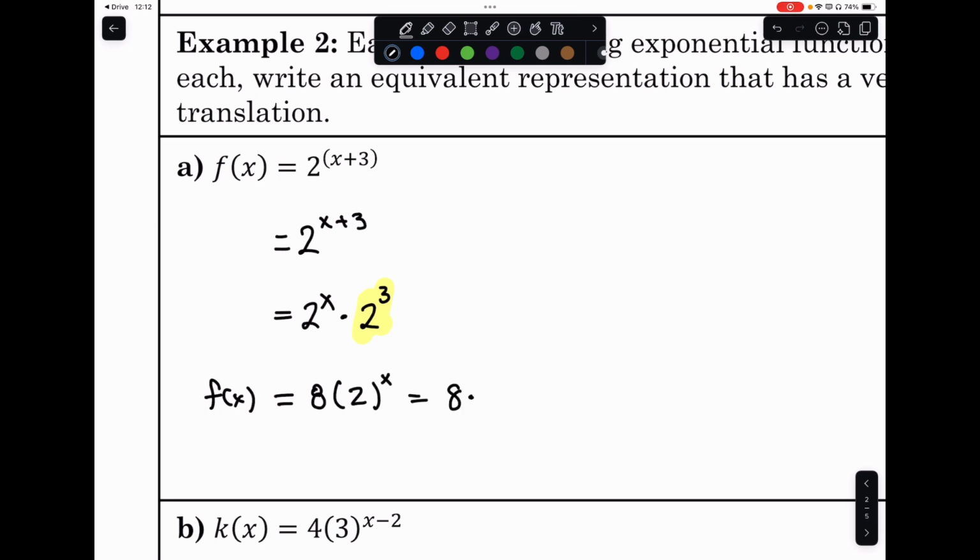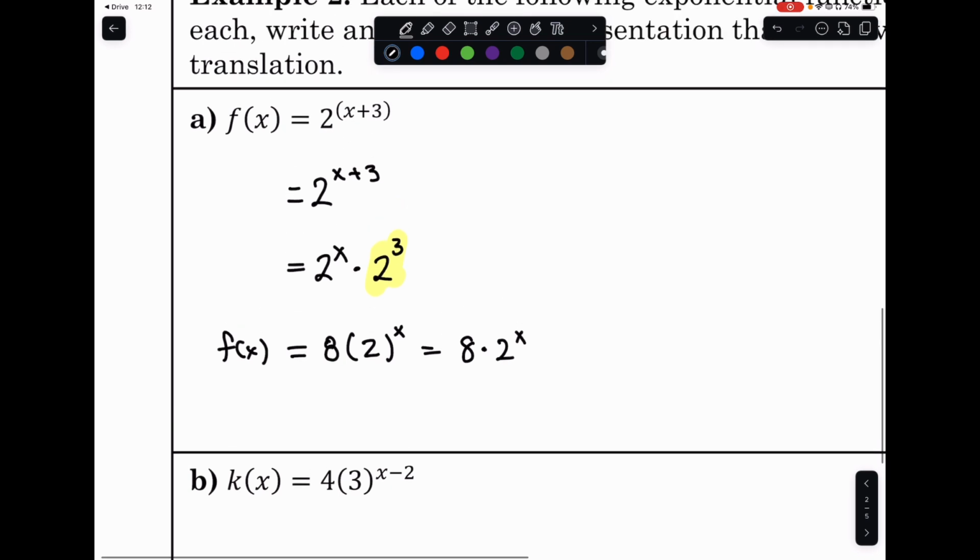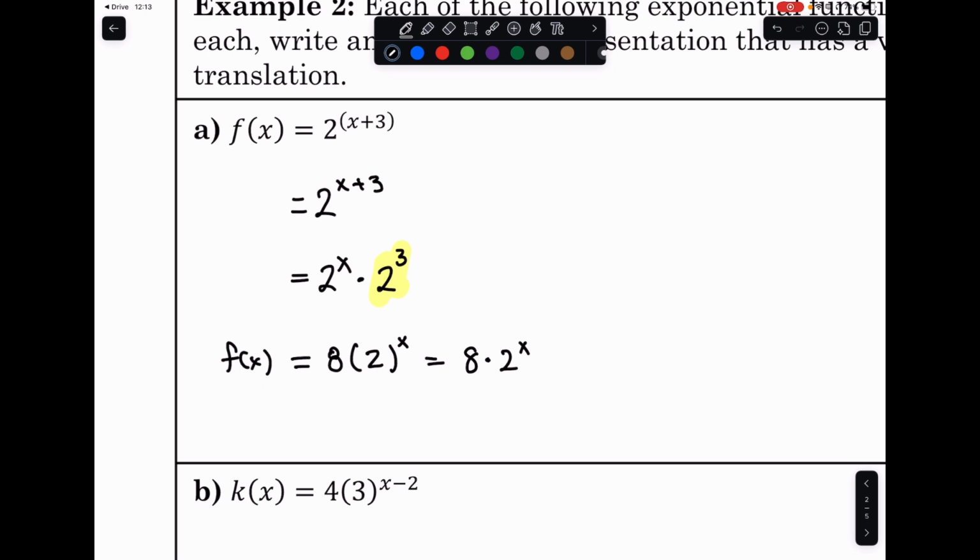Without parentheses, it will look like this. With the parentheses, the exponent would be on the outside, the x, again, 2 to the x power, like that. So this is just a way of manipulating our function, from having shifted 2 to the x 3 units to the right, to now looking like a vertical dilation of a scale factor of 8.